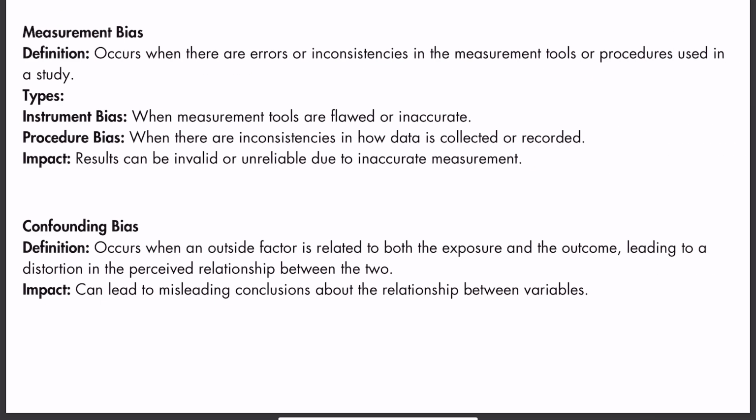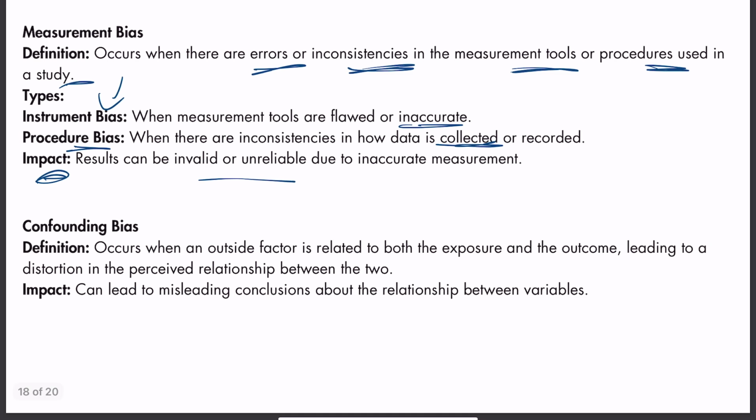Next we have measurement bias, which occurs when there are errors or inconsistency in the measurement tool or procedures used in the study. For example, we have instrument bias when measurement tools are flawed or inaccurate, and procedure bias when there is inconsistency in how data is collected. The impact is that results can be invalid or unreliable.